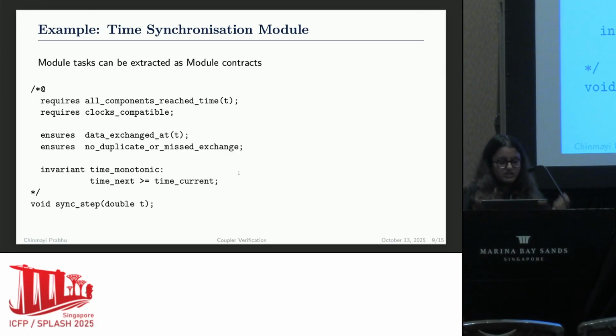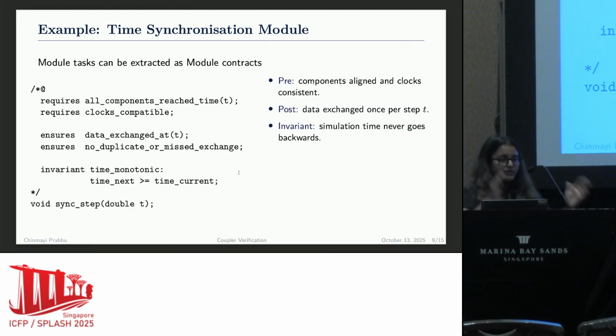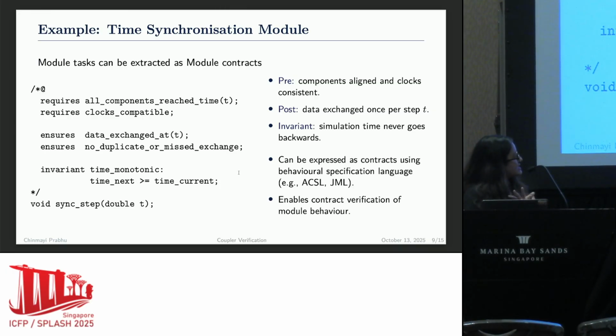Your precondition here says that the components are aligned and the clocks are consistent with each other, and your postcondition says that the data is exchanged once per step with no duplication in time. The invariant here is time monotonicity, saying that time is always moving forward, which is an invariant for your whole module.